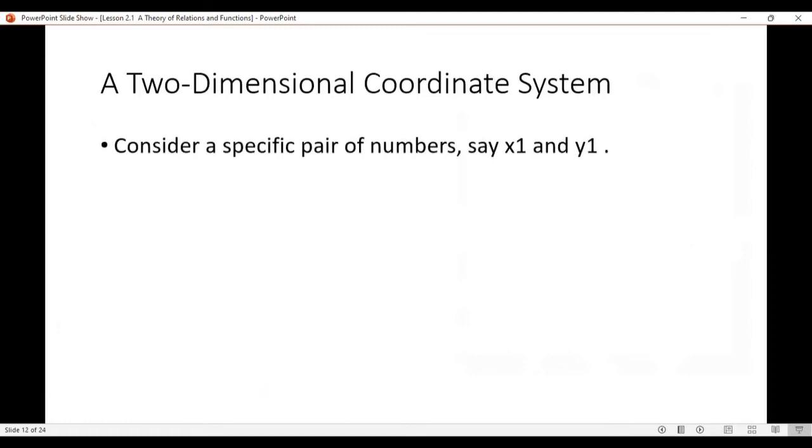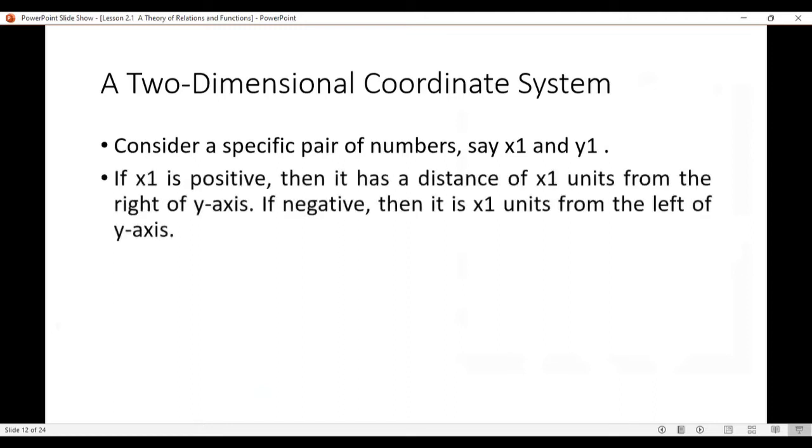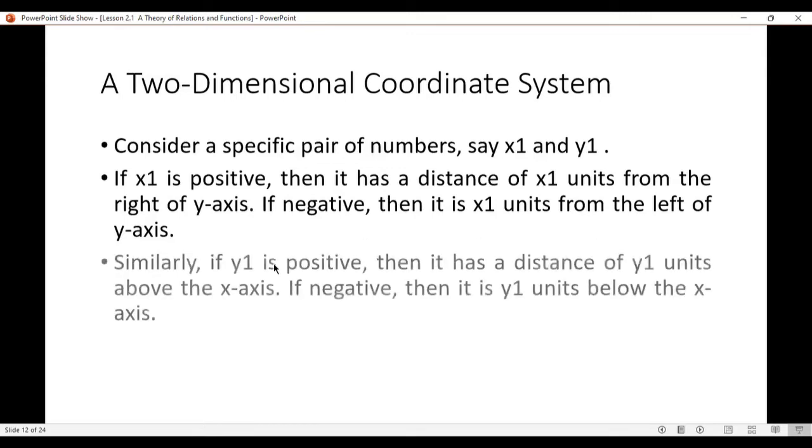Consider a specific pair of numbers, say x sub 1 and y sub 1. If x sub 1 is positive, then it has a distance of x sub 1 units from the right of y-axis. If negative, then it is x sub 1 units from the left of y-axis. Similarly, if y sub 1 is positive, then it has a distance of y sub 1 units above the x-axis.